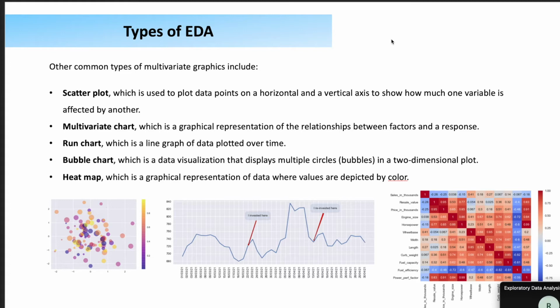Most of the EDA that you will perform is going to be multivariate analysis. There are also important univariate analyses, but probably 10% of your entire EDA is going to be univariate analysis, and 80-90% of your EDA is going to be multivariate analysis, where you take in relationships between multiple variables or multiple features.